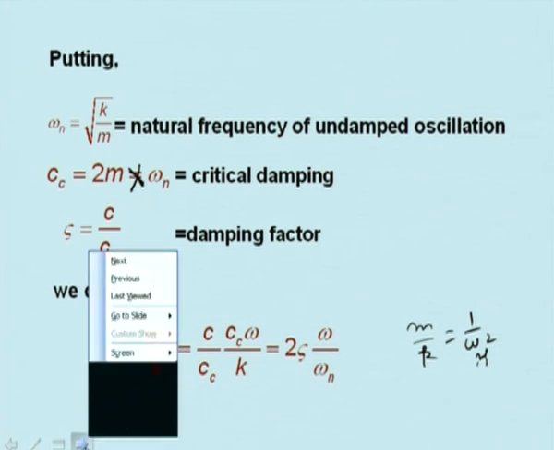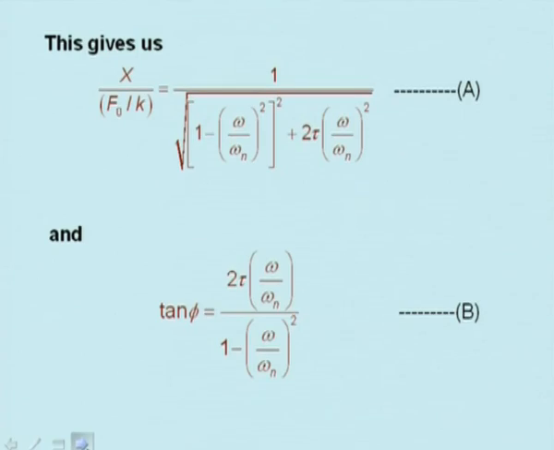Now this gives us X divided by F0/k is equal to 1 divided by √((1 − (ω/ωn)²)² + (2ζω/ωn)²), and tan φ is equal to 2ζ(ω/ωn) divided by (1 − (ω/ωn)²).